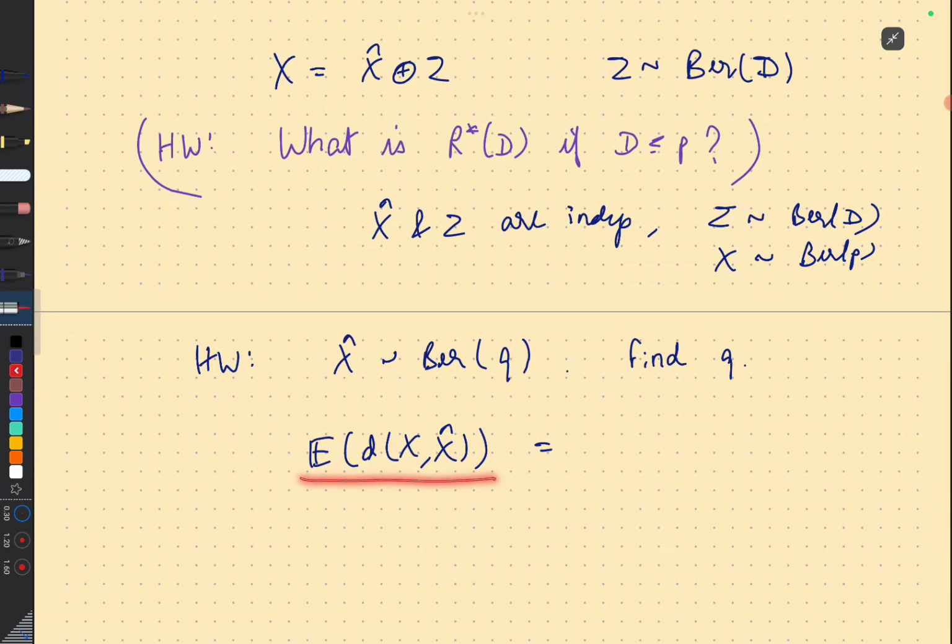So the expectation of d(x, x hat) is basically the probability that z is equal to 1.